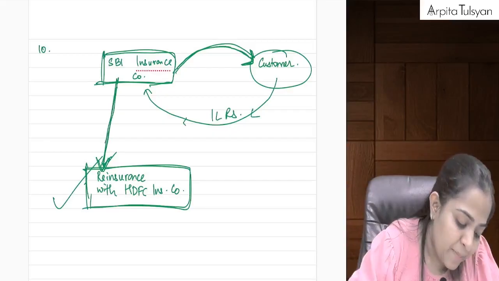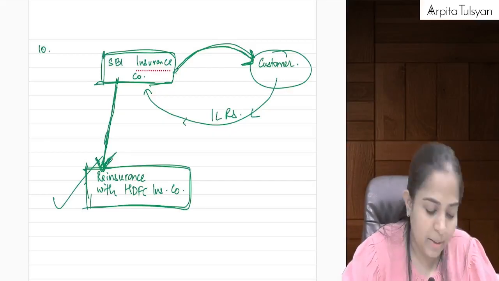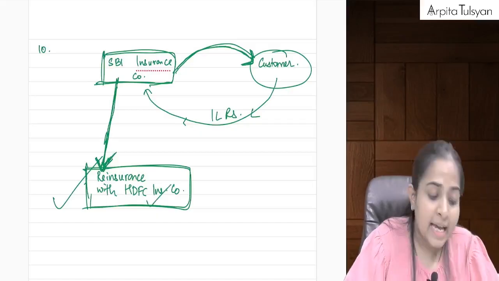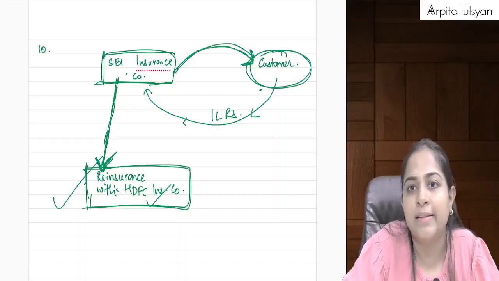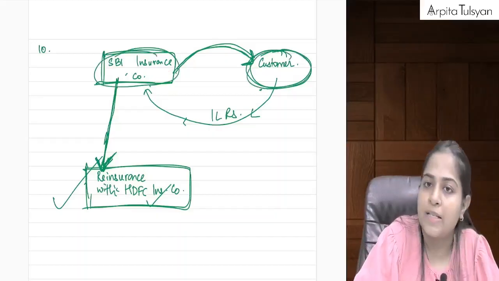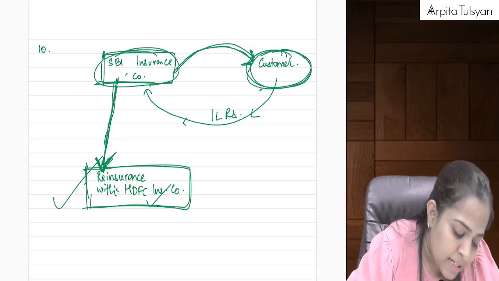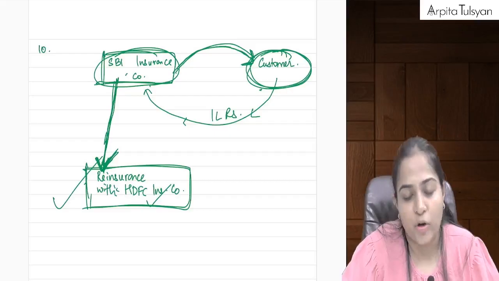Now SBI Insurance has entered into a reinsurance agreement with HDFC Insurance. See, here it's not that both of them are jointly insuring the customer. The customer is in touch with SBI Insurance Company, and SBI Insurance Company is going to pass on the contract of insurance to HDFC Insurance Company.